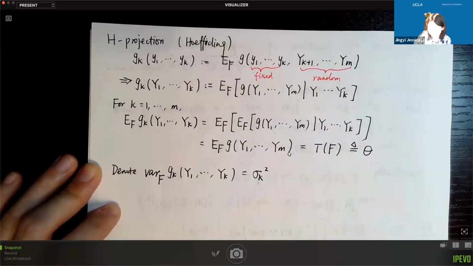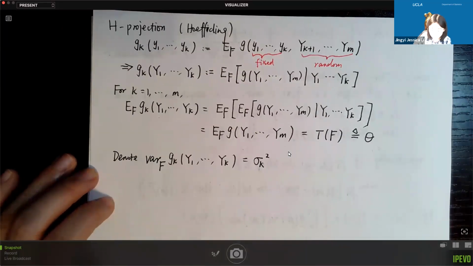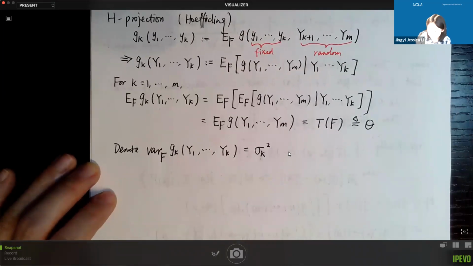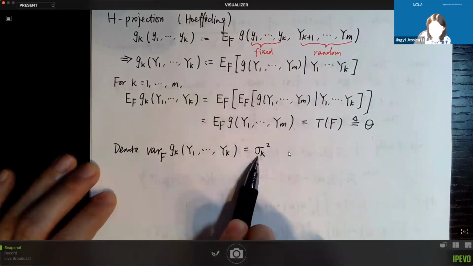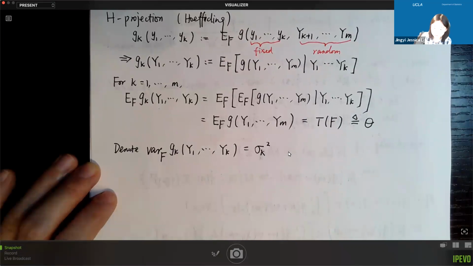This is a notation, and we're going to show that the variance of the U statistic can be expressed by those sigma_k's. That's the first important result we're going to give you today.